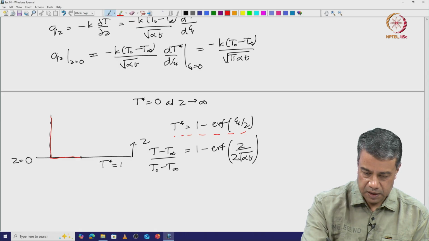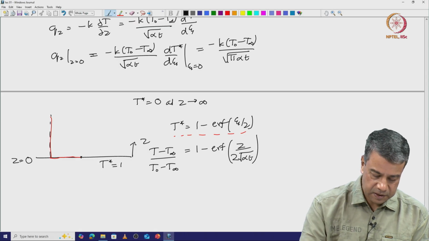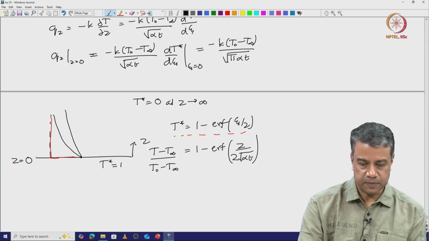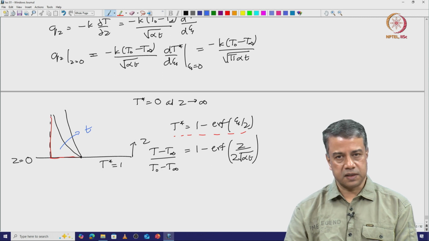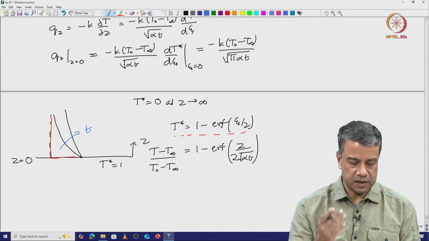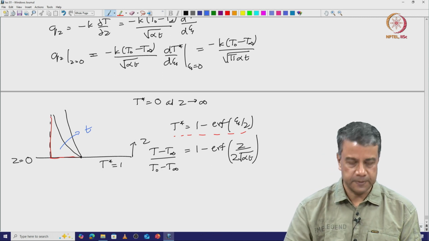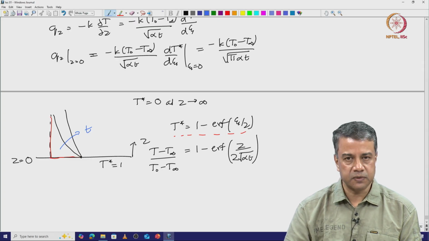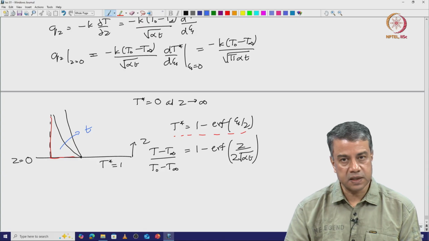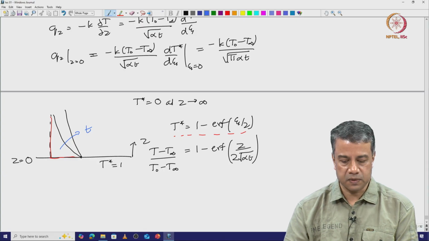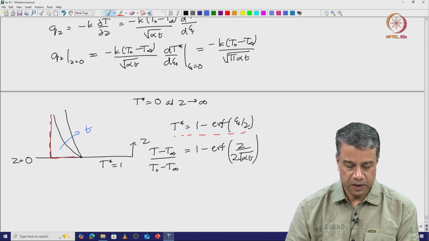As time progresses, because of heat conduction, the temperature field will go in this direction. As more and more heat is conducted upwards, the temperature field will increase close to the surface, but still far from the surface it will decrease to 0.